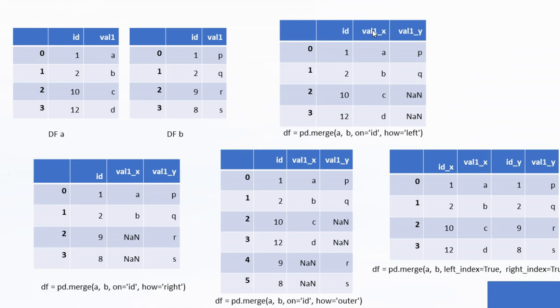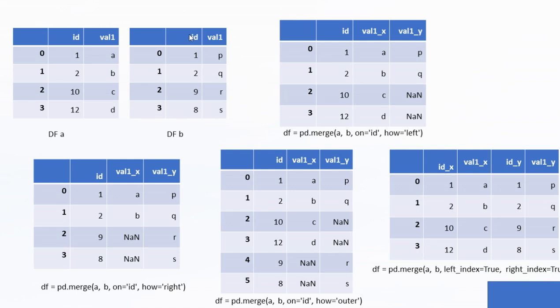The only difference is that now it's called val1_x. For val1_y, only the common elements are there. The common IDs between these two data frames are only 1 and 2. That's why P, Q is represented here, and 9, 8 is not common. So in that case, it is automatically giving the value NaN, which means not assigned.